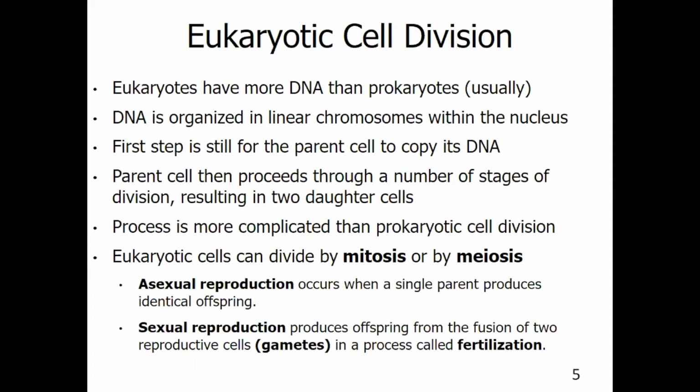The parent cell produces a full copy of the DNA so that the resulting daughter cells have a copy of the cell's DNA. Eukaryotic cells can divide through mitosis or by meiosis, and we're going to be looking at these two processes in the rest of the chapter.